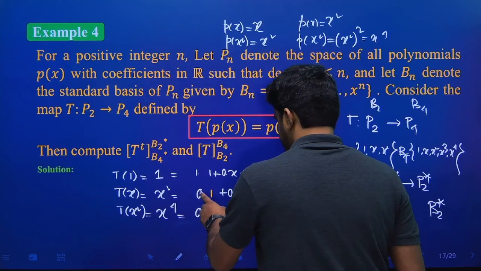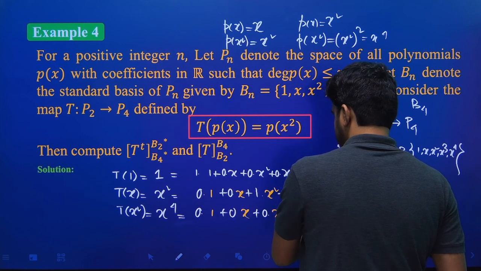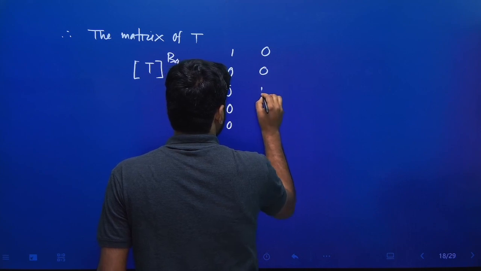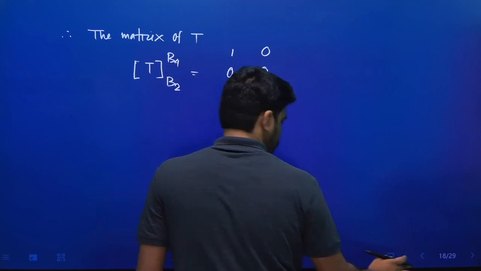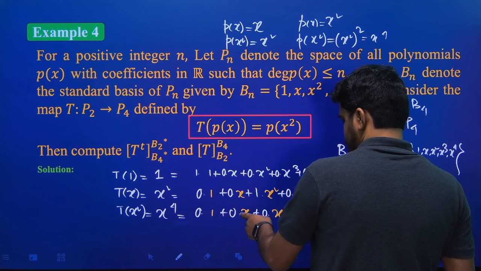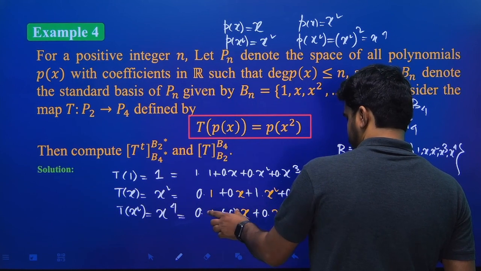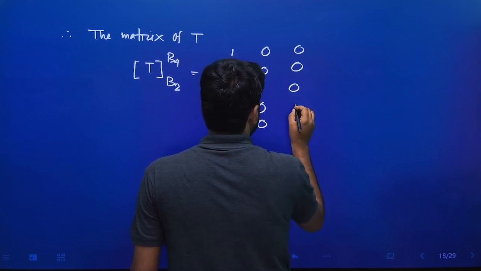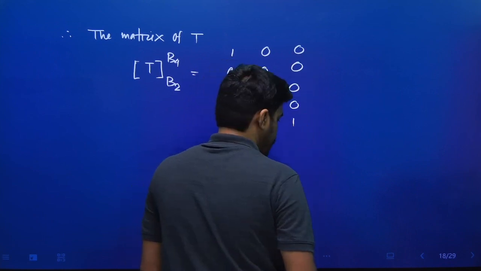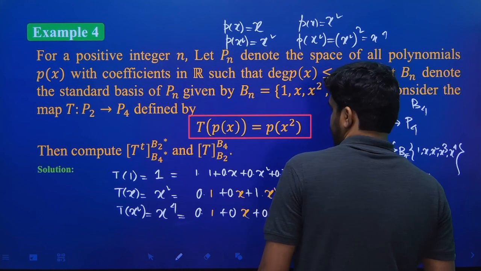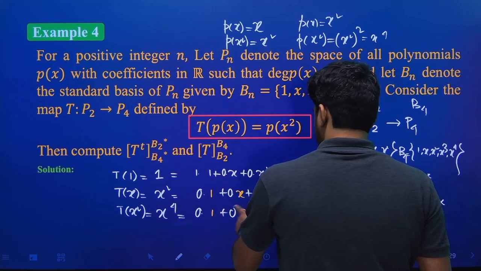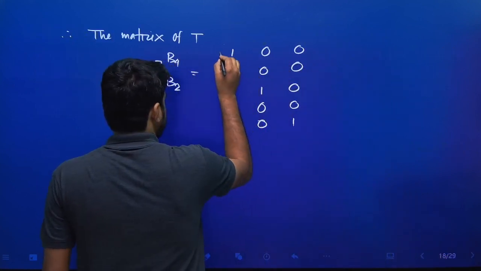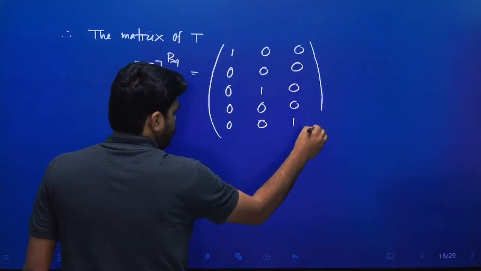Second column, that is 0 0 1 0 0. Third column, 0 0 0 0 1, right? Okay, 0 0 0 0 1. So this is the matrix of the linear mapping T.